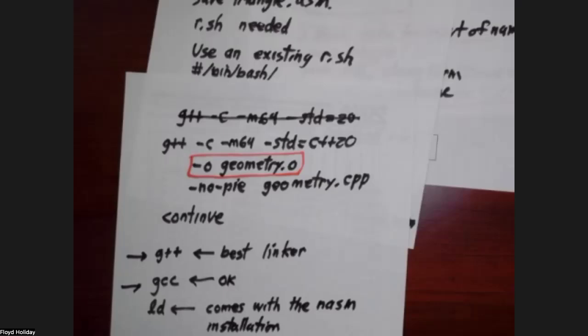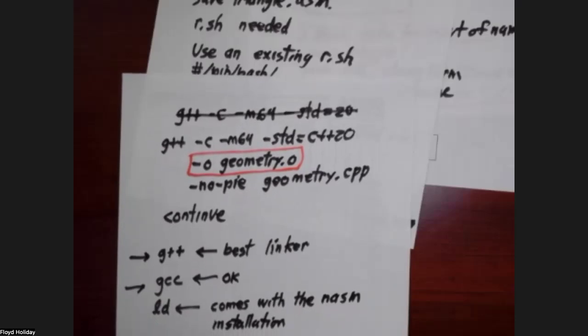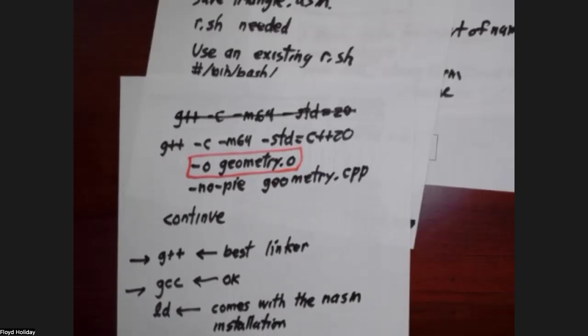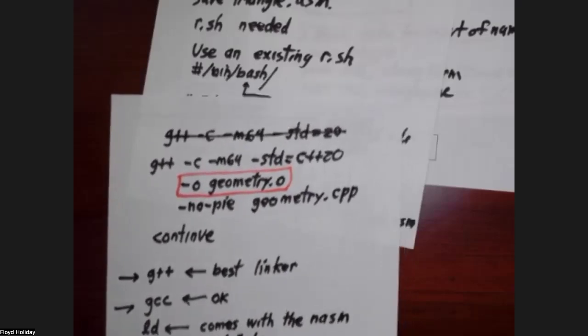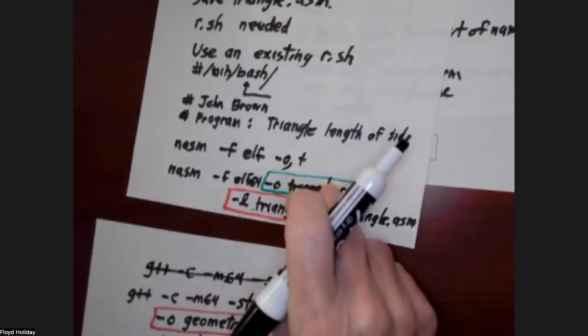So take the linking statement that you see in the borrowed ro.sh file and replace all those O file names with your O file names, like geometry.o and triangle.o. You just remove those others and put your names in there, and then you've got a linker working.